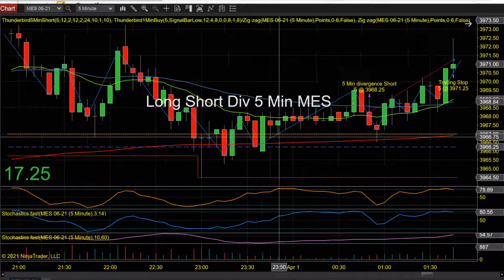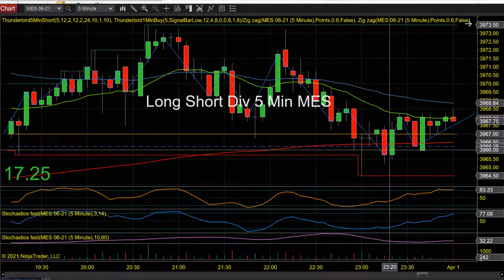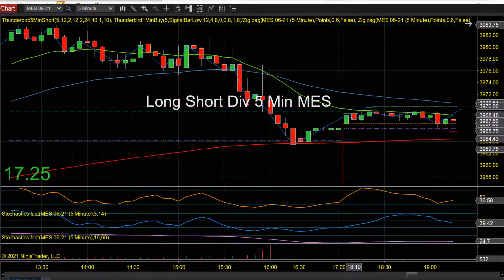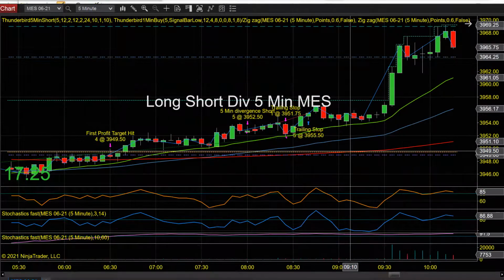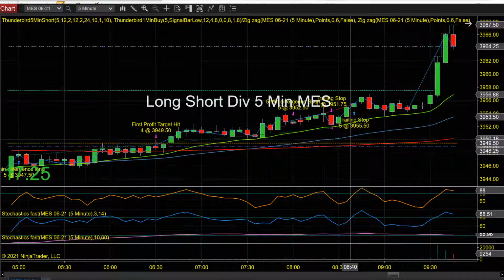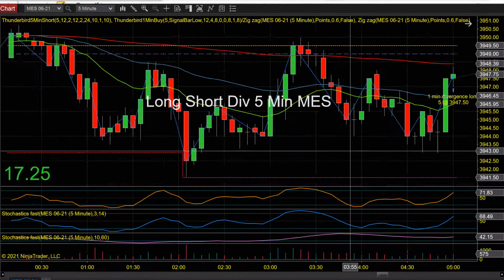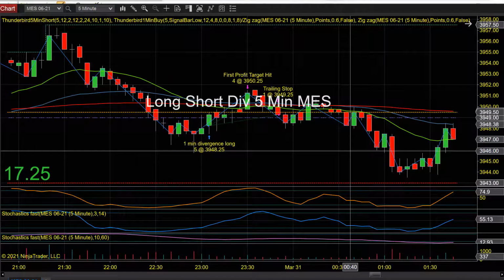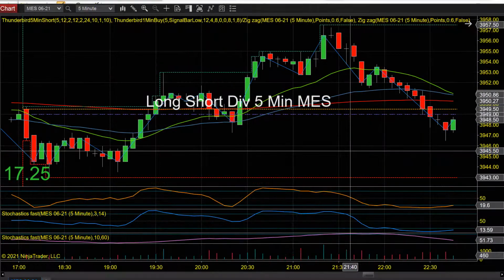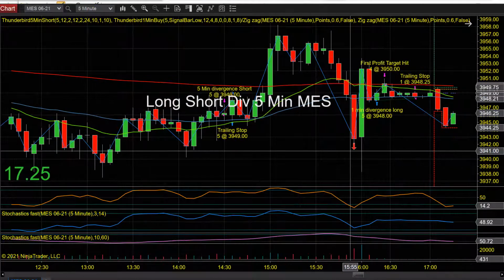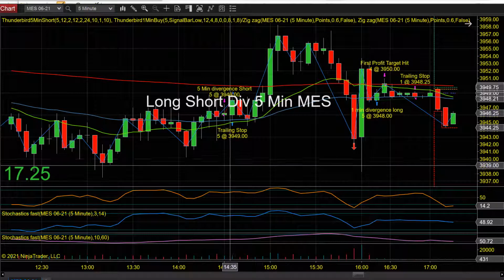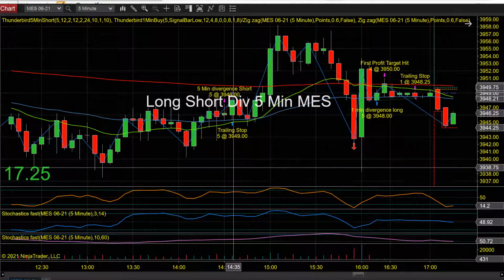This one seemed to have stopped out right here. Should we do that? Let's see. Profit in the head. You see all these great profits? The divergence short here. And that didn't really do much.